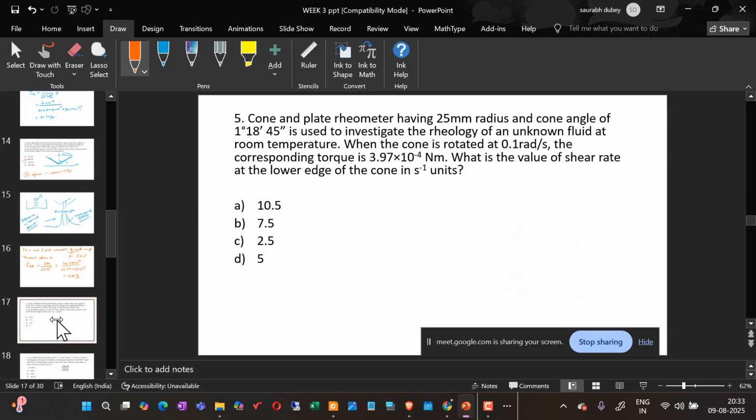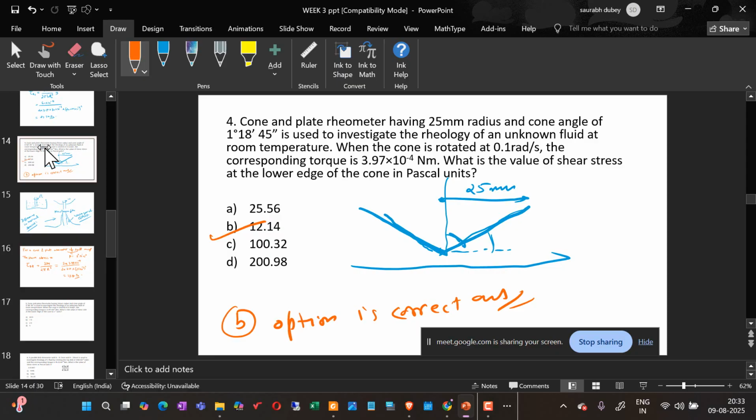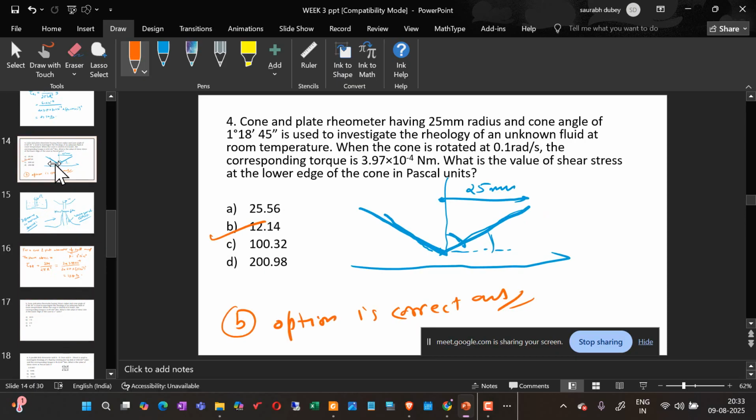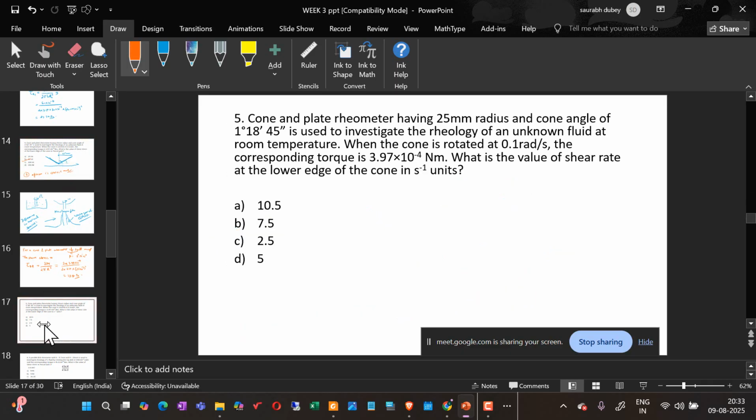The next question we will be solving is on the same thing, but just the angle is different here, and the rotational speed here is 0.1. Here also 0.1, 3.97. What is the difference now? For the lower edge of the cone you have been asked to calculate. So what difference do you have in this question?